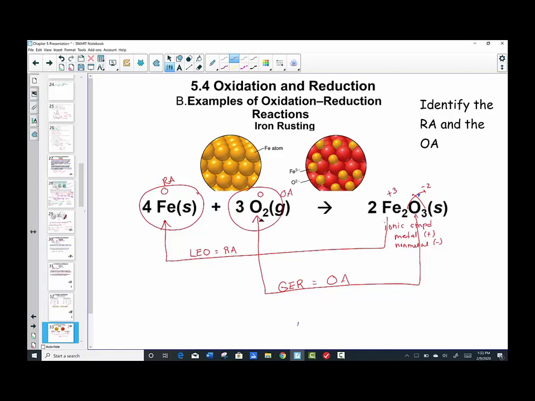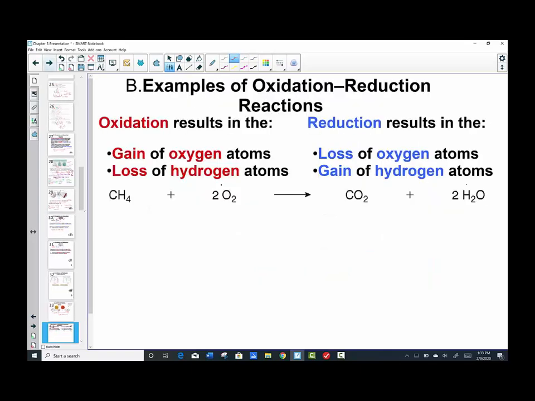That was all we had to do, is recognize the change of charge and, based on oxidation and reduction, label out the agents. Oxidation results in the gain of oxygen, the loss of hydrogen, and reduction is the loss of oxygen and the gain of hydrogen. That's a classic example of an organic chemistry model.